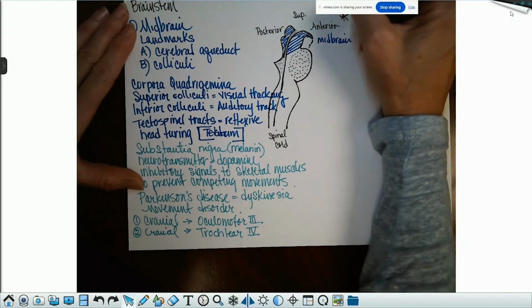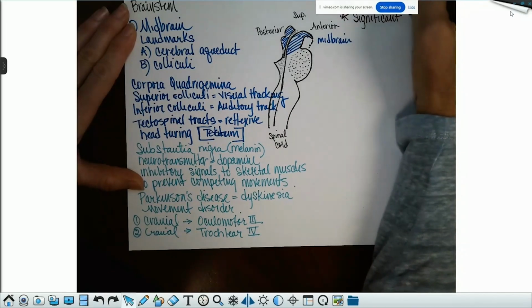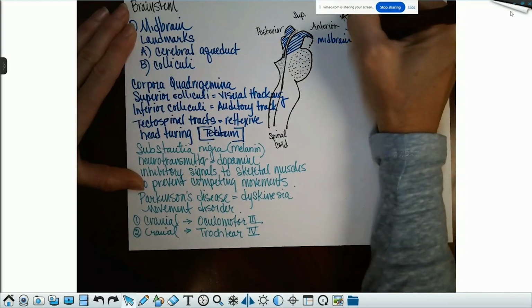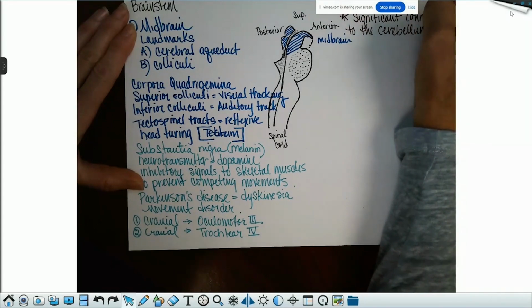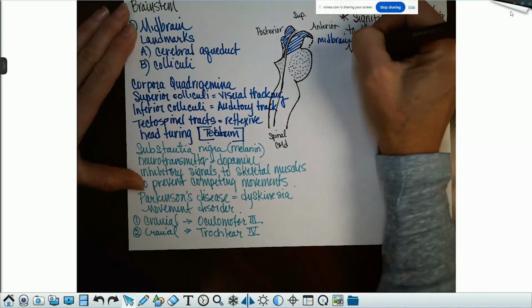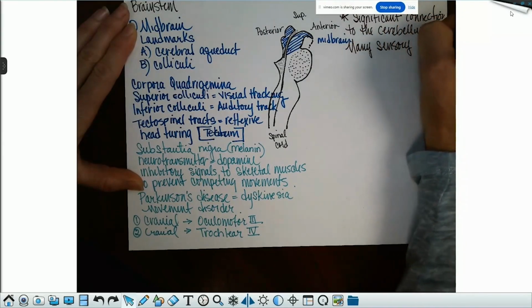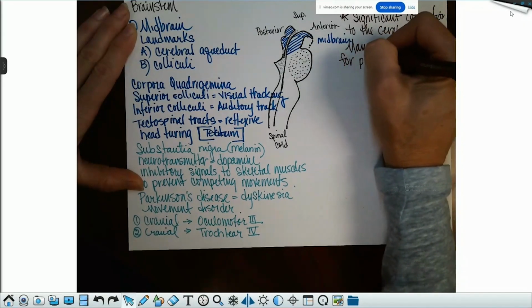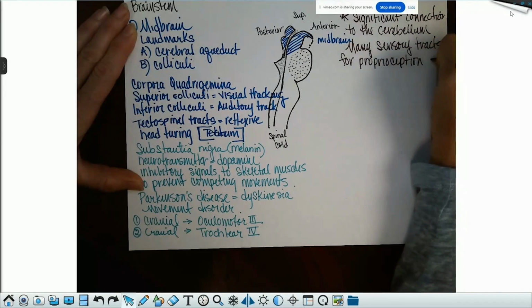This has a significant connection to the cerebellum. It has many sensory tracts for proprioception that pass through here, enter in here for integration.